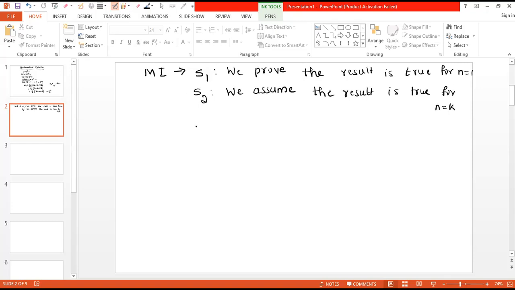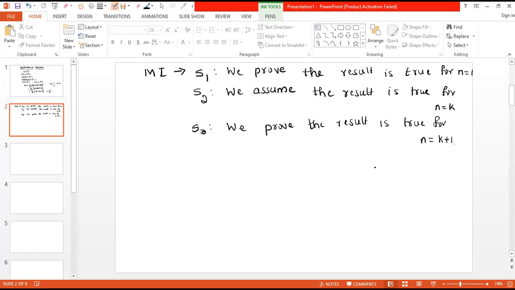And in the third step, we prove that the result is true for n equal to k plus 1.